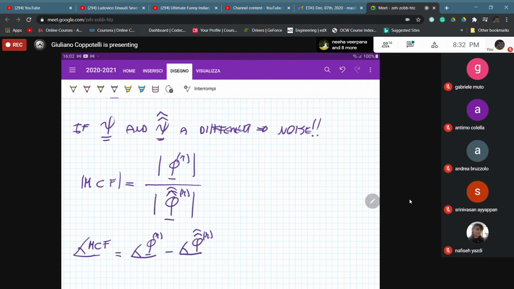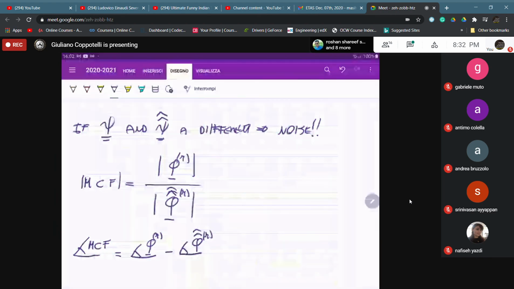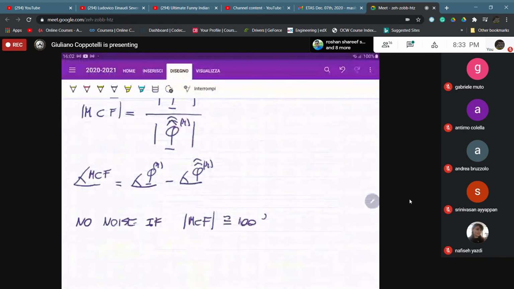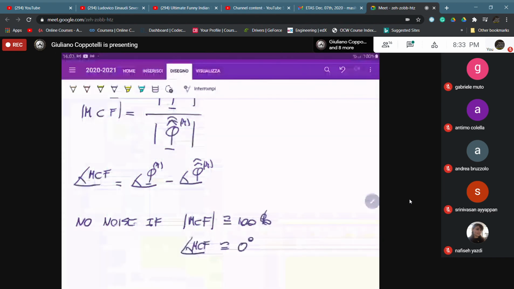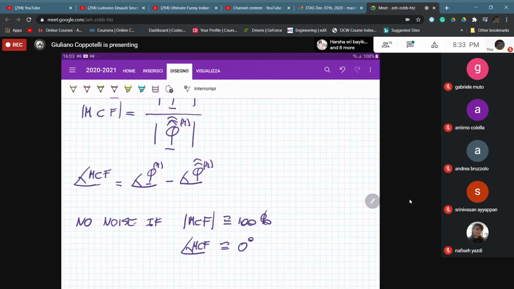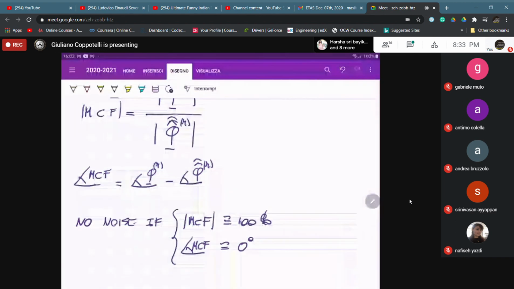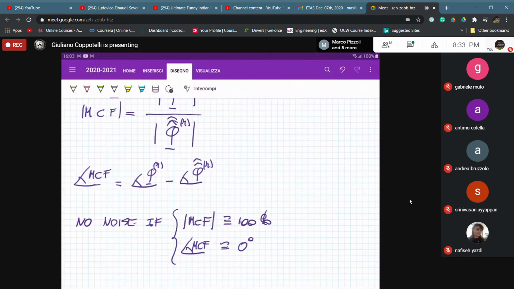Okay, best no noise if, of course, the amplitude of the modal confidence factor is about 100%, so we have the same scaling factor, and the phase of the modal confidence factor is about 0. Okay, and therefore we iterate until we find out that there is no noise effect in your identification, and that ends the invariant time domain method.